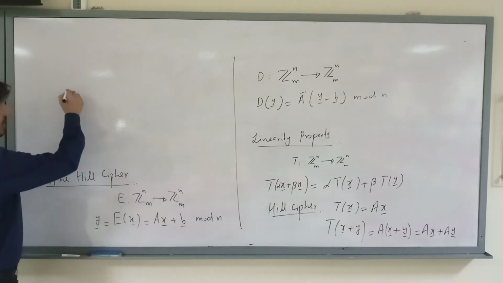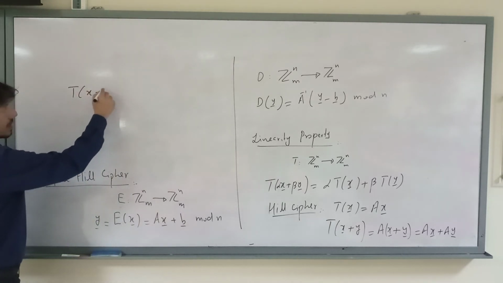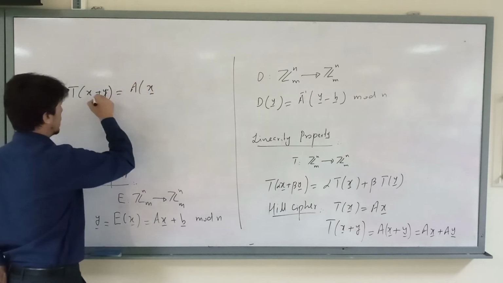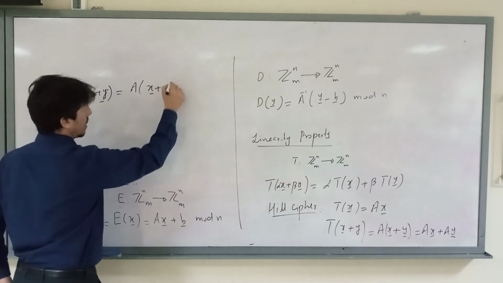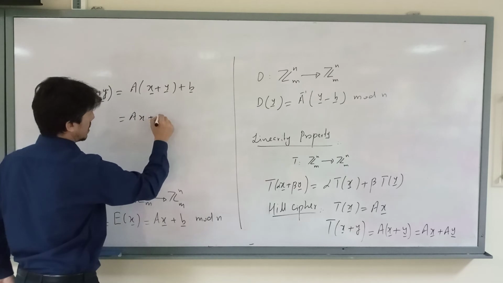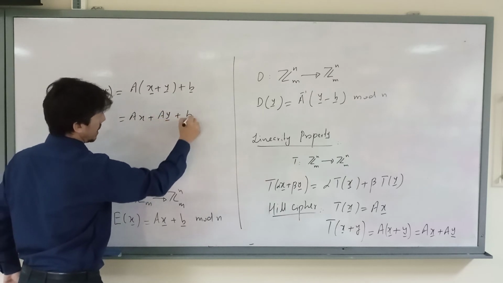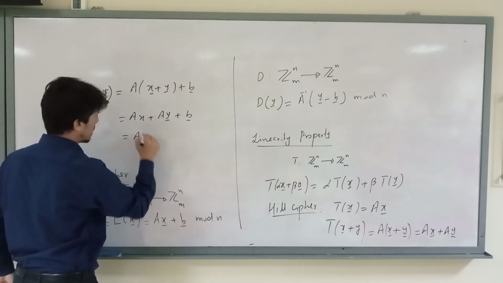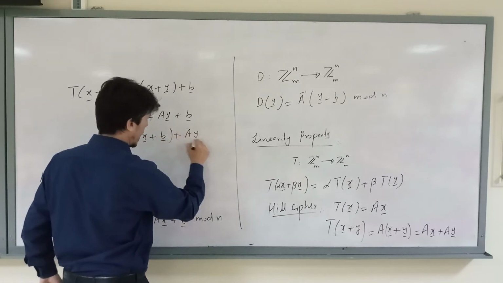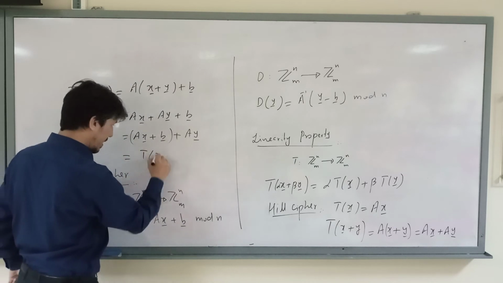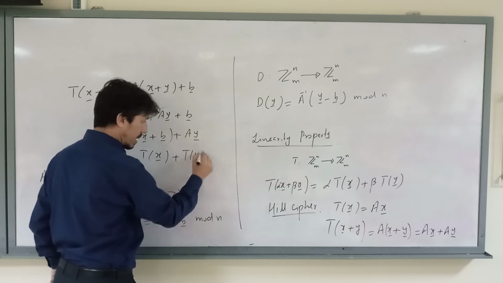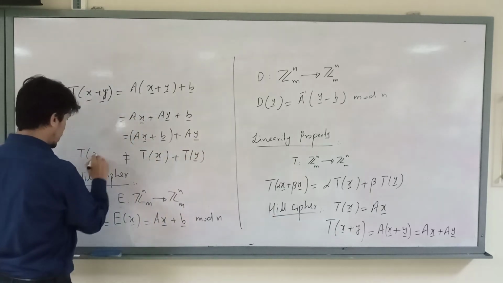That is, T of X plus Y is A(X plus Y) plus B, which is AX plus AY plus B, whereas T of X plus T of Y is AX plus B plus AY plus B. The B is missing there, so we cannot say this is equivalent to this one.